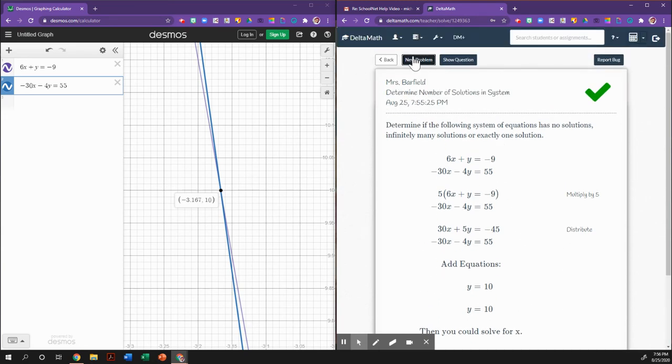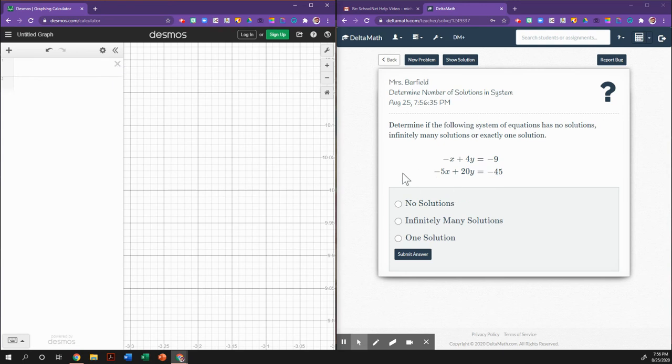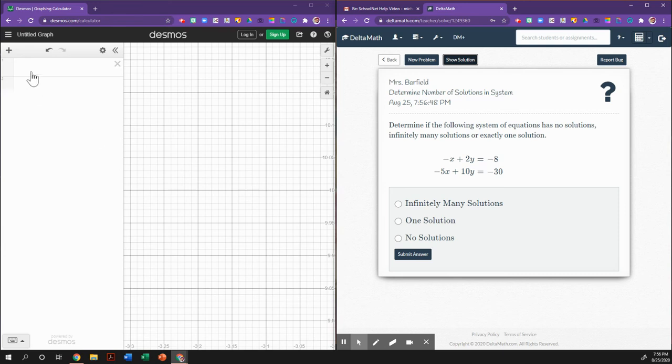Okay, new problem. We're not going to do that one because I can already tell I need to, there we go. Oh, I missed it. Sorry, I needed to get the right example up because I need you to see the third one.